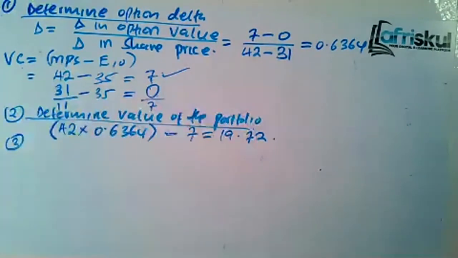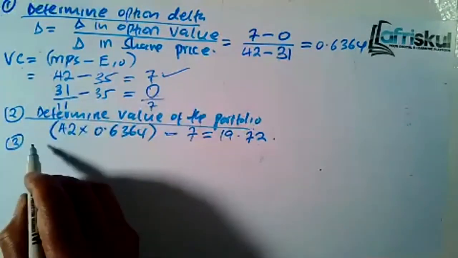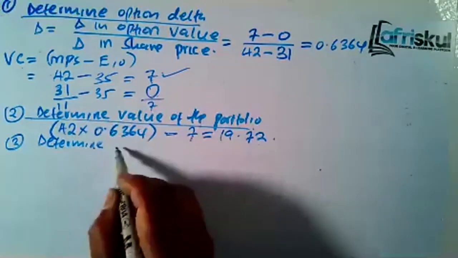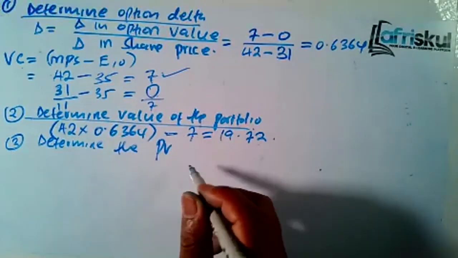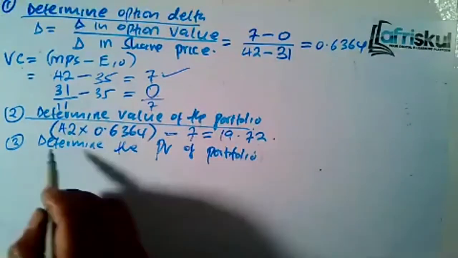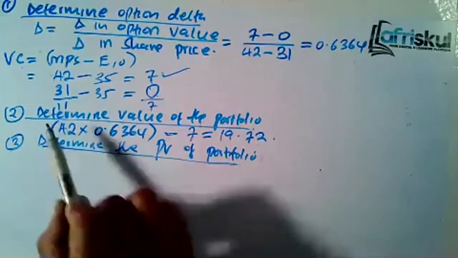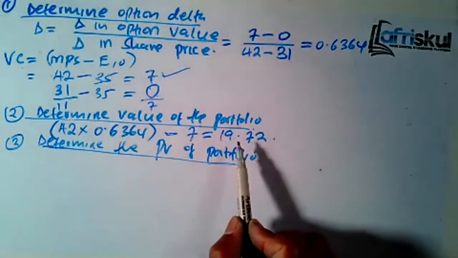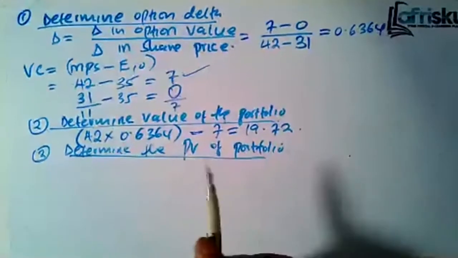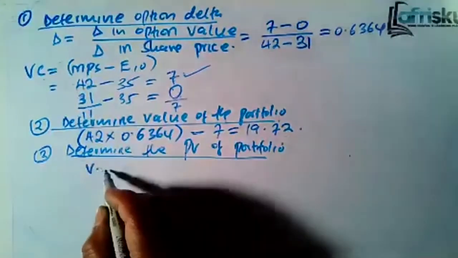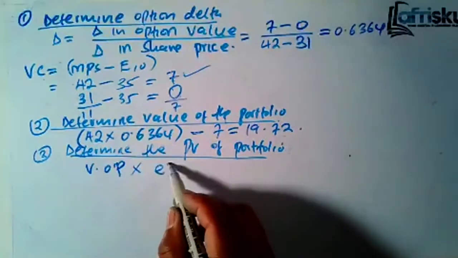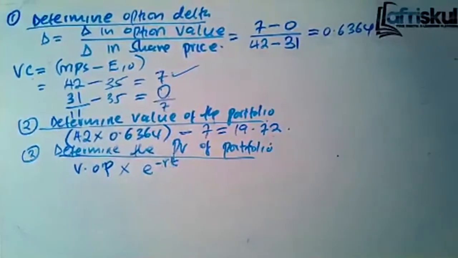Let's go to the third step. You are supposed to determine the present value of the portfolio. How do you get the present value? In step number 2, you already have the value of the portfolio. Now we need to get the present value. You take the value of the portfolio times e raised to the power negative rT.